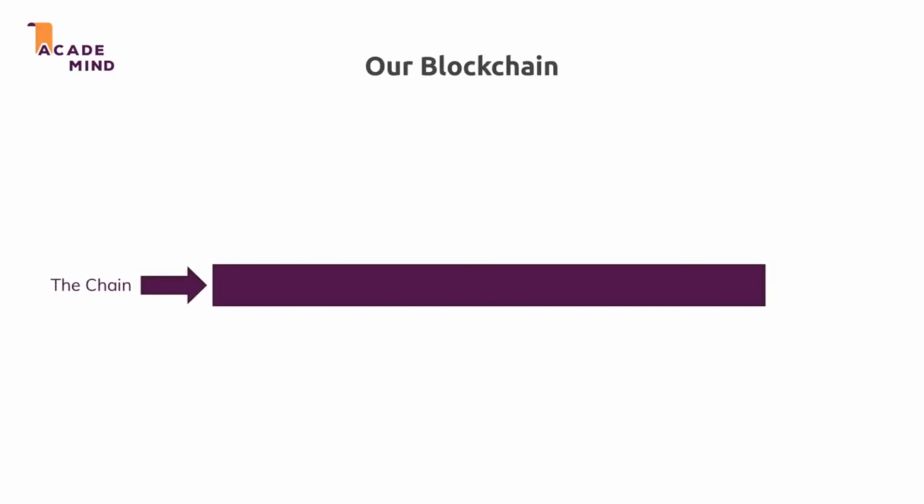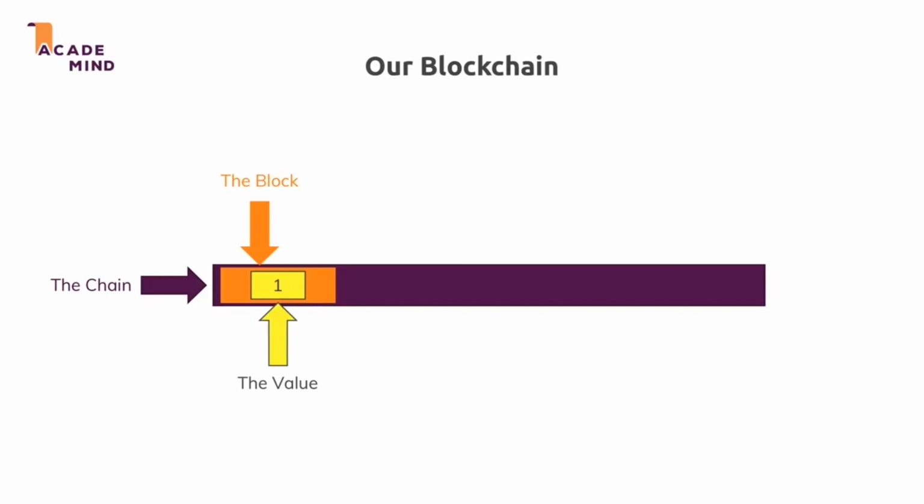In the end, we want to have a chain, which will be a list, which holds our blocks of data. And here's something new. I want each block to be a list on its own. And in that list of data, so inside of the block, we'll then store our values.